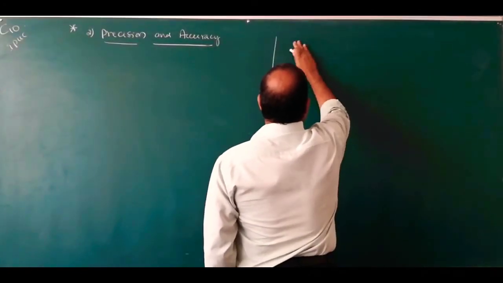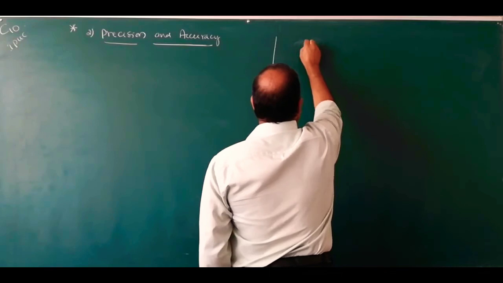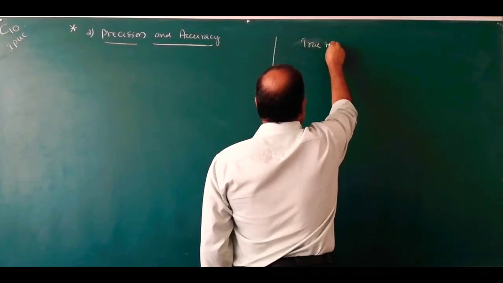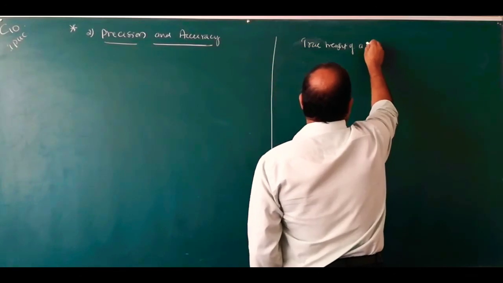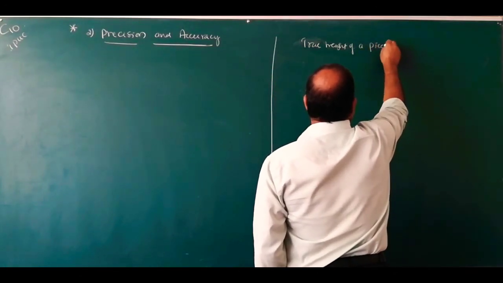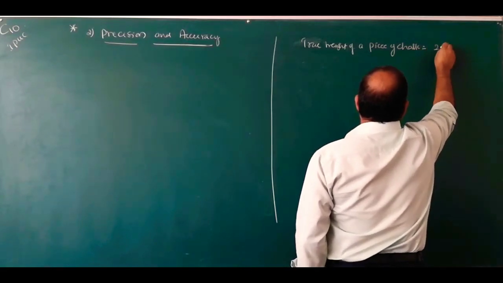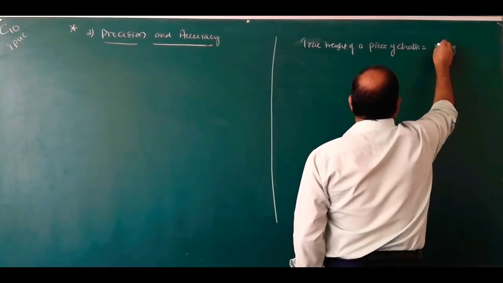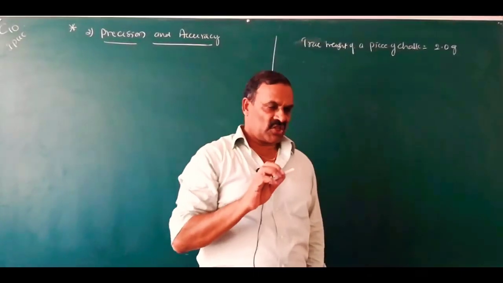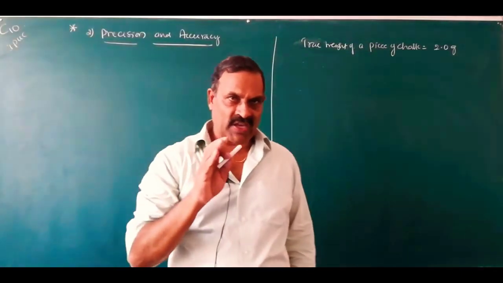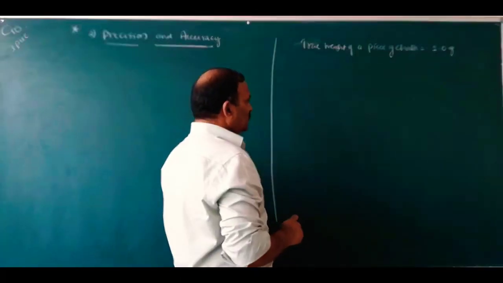So the true weight of a piece of chalk equals 2 grams. This is the actual weight, or the true weight, of this piece of chalk.